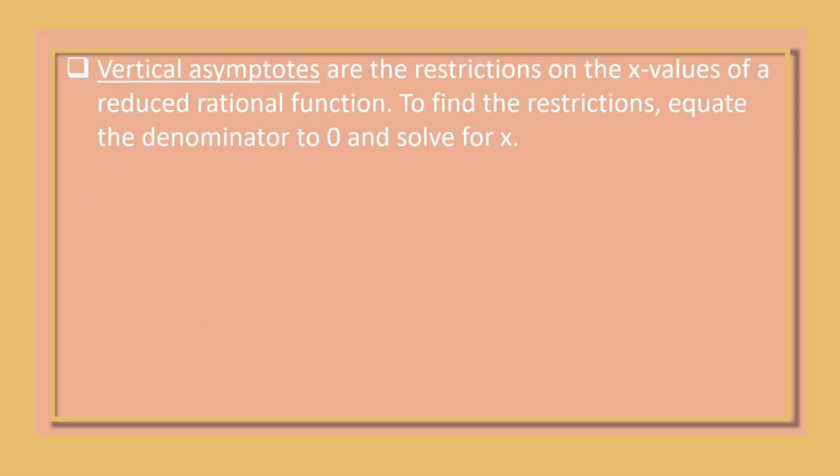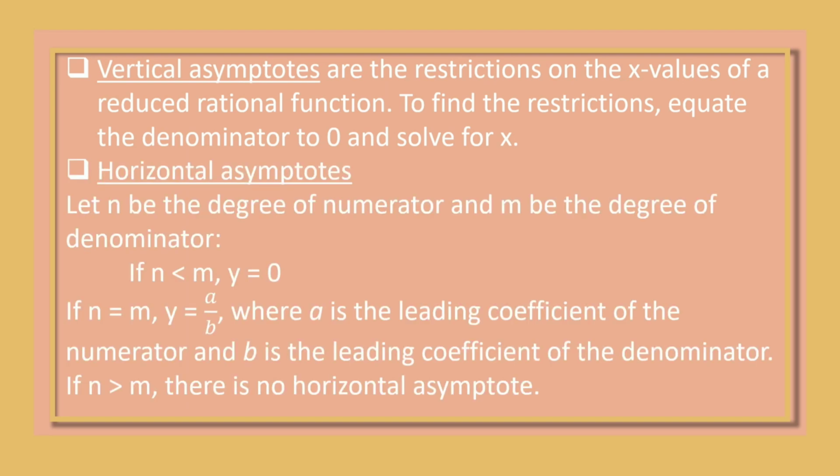Vertical asymptotes are the restrictions on the x values of a reduced rational function. To find the restrictions, equate the denominator to 0 and solve for x, just like what we do when we solve for the domain. Horizontal asymptotes. Let n be the degree of numerator and m be the degree of denominator.